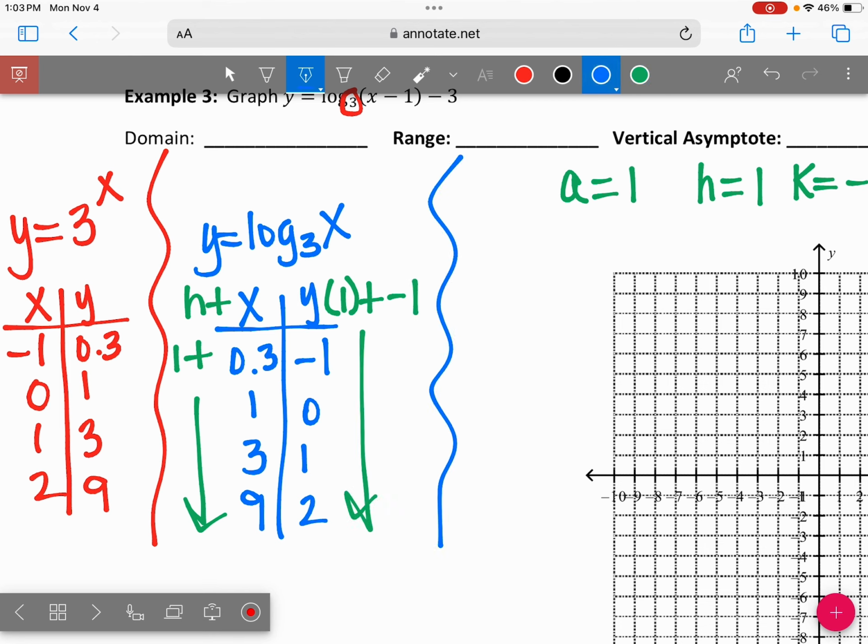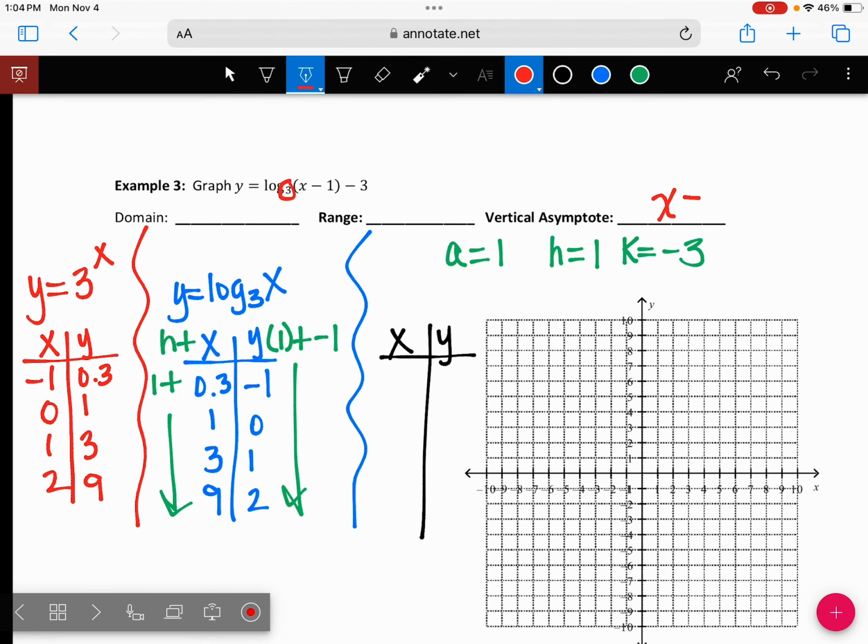So go ahead and get your table. And it's only the third table that we're going to graph. I'm going to go ahead and graph my vertical asymptote, sorry, not my horizontal.